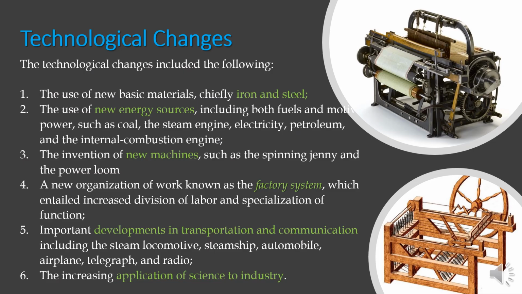First, let's discuss the technological changes brought about by the Industrial Revolution, the first Industrial Revolution, by the way. First, the emergence of the iron and steel industry, where the use of iron and steel became prevalent during these times.